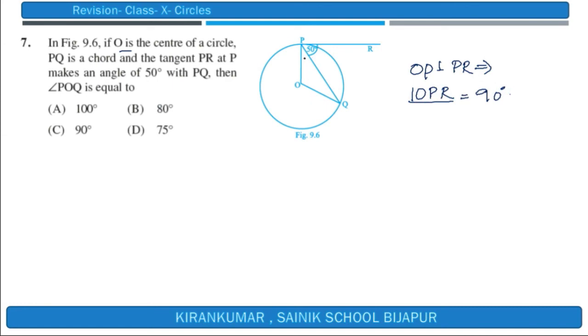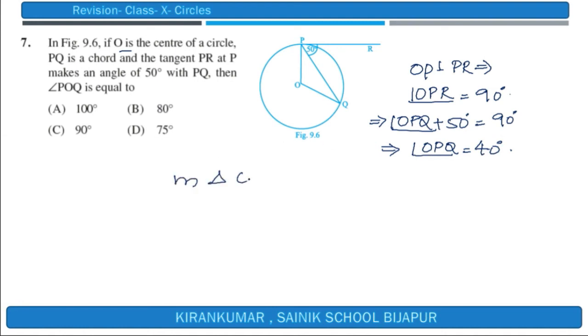This angle OPR, 90, is a combination of OPQ plus 50, which implies that angle OPQ plus 50 degrees equals 90 degrees. Therefore, angle OPQ will become equal to 40 degrees. Now let's take up the triangle OPQ. In this triangle, we have OP and OQ equal radii.